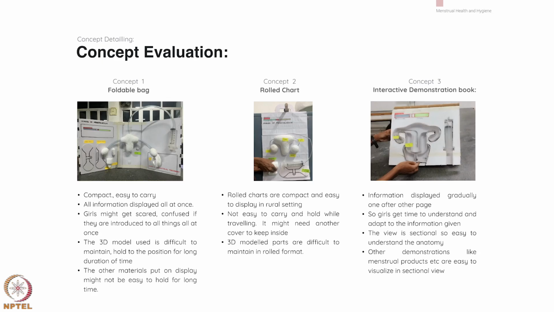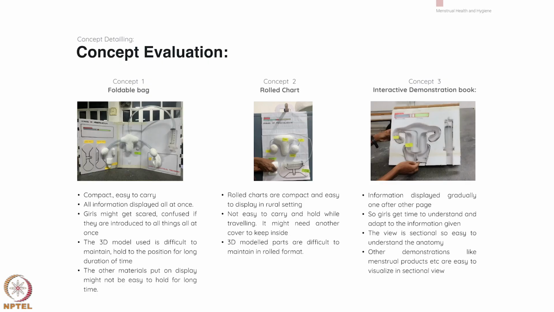So on the first page the model is there, and on the second page the demonstration of all absorbents is shown. So information is provided to them gradually, so girls might find it easier to learn.